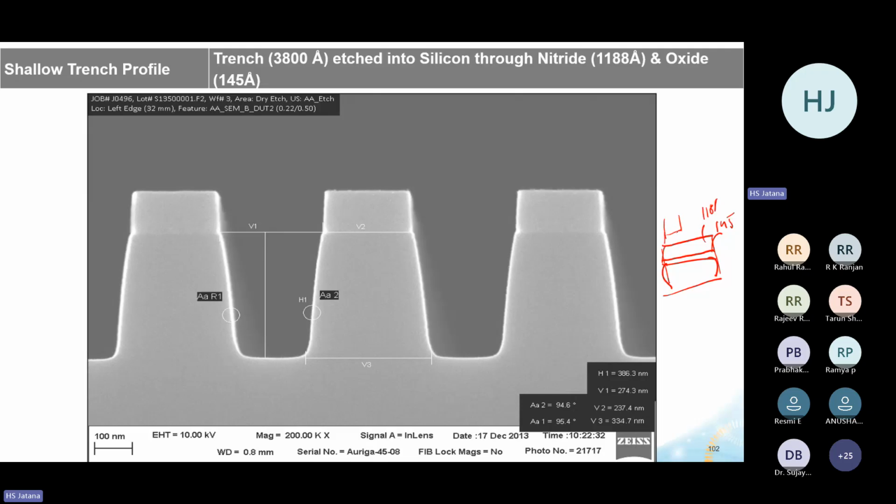Once you have defined that, as you can see here, the nitride is etched and removed here. The oxide is very small, around 145 angstrom; the nitride is more, 1188 angstrom. So we have removed the nitride, and the oxide, and then finally this is the silicon. We have removed the silicon by the etching.